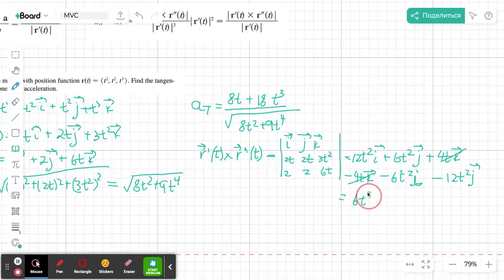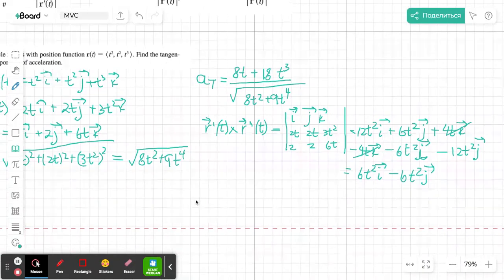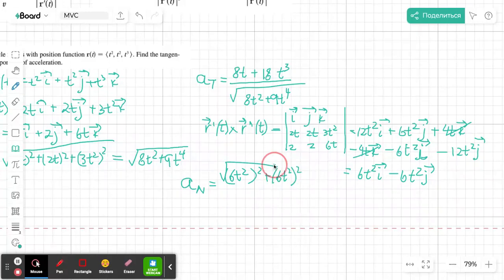So if we simplify this now, we're going to get 6t squared i, forgot the arrow here, minus 6t squared j. So that is our cross product, and to find a sub n, we're going to divide by the magnitude of the cross product, so we need to calculate the square root of (6t squared) squared plus another (6t squared) squared.